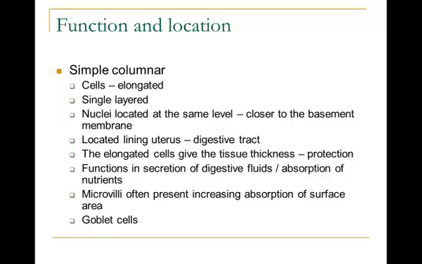Simple columnar, again, remember, one layer, simple, columnar, tall and then they are wide. And the nuclei, when you look at the pictures, they're all sort of located at the same level, closer to the basement membrane. We find these in areas where it lines the uterus and the digestive tract, and they give thickness to tissue, protection, functions in terms of secretion.